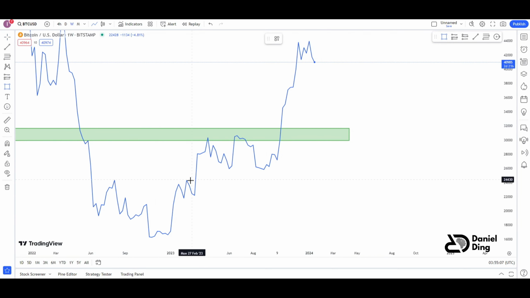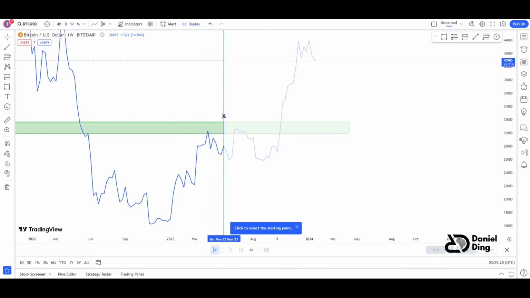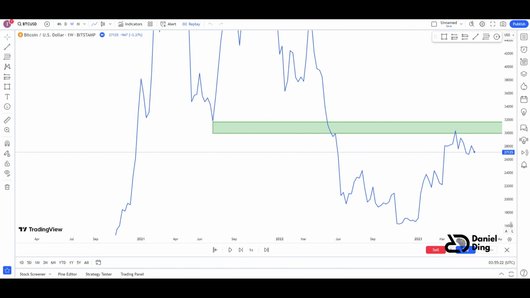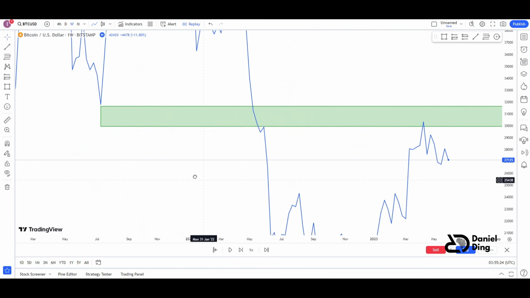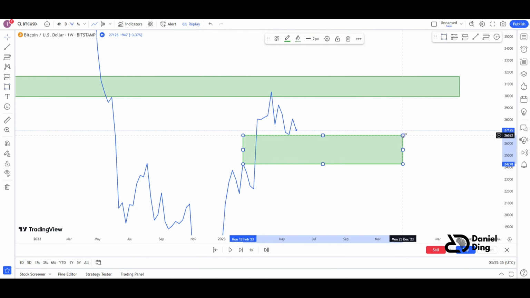Now back to A and back to V. Do you see that we have an A? So what I'm going to do is mark from A to V. Now we have a new base again.